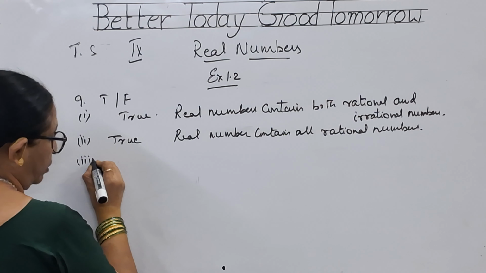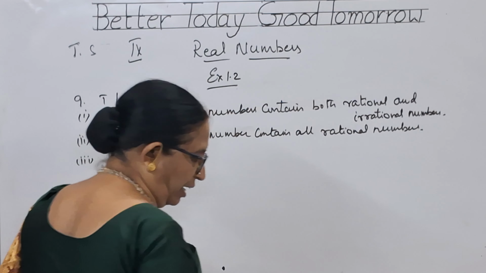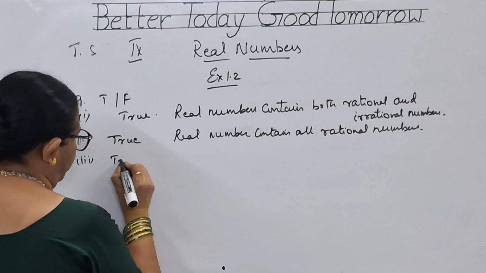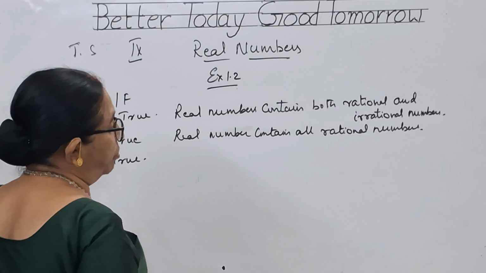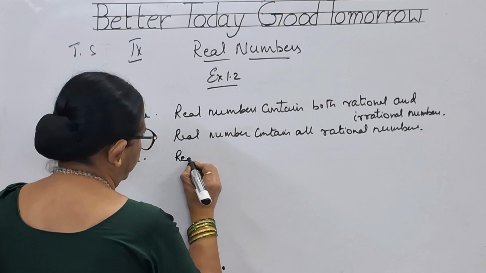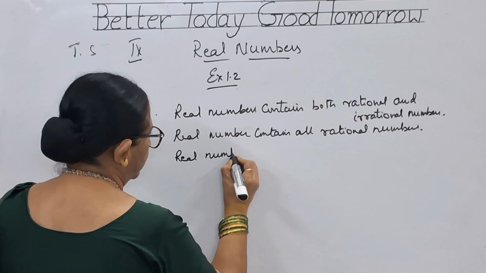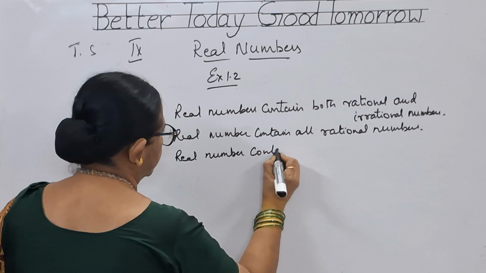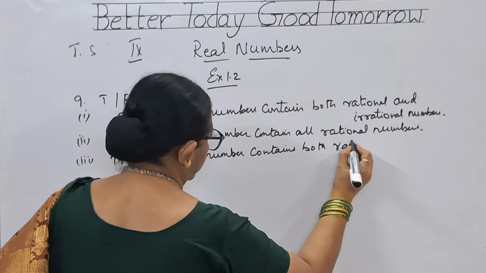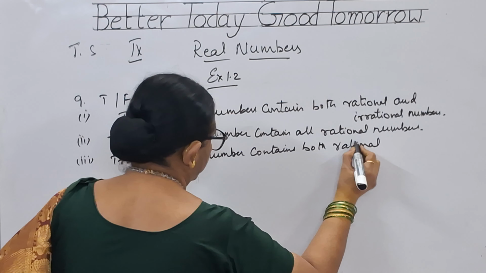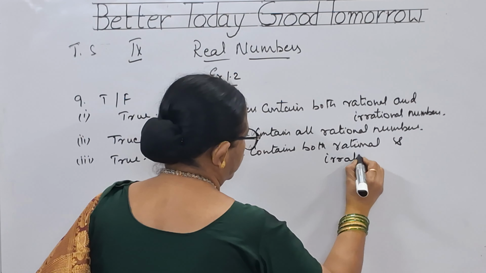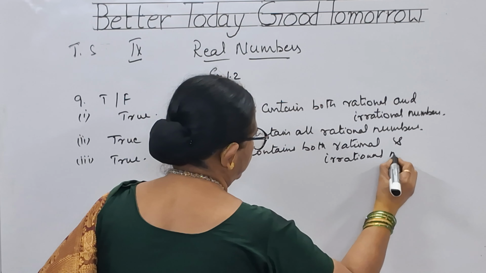Now the third bit is, every real number need not be a rational number. This is also true. Every real number need not be a rational number because real numbers contain both rational and irrational numbers.